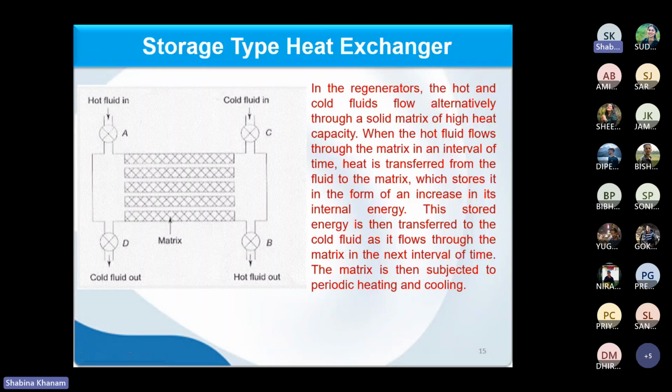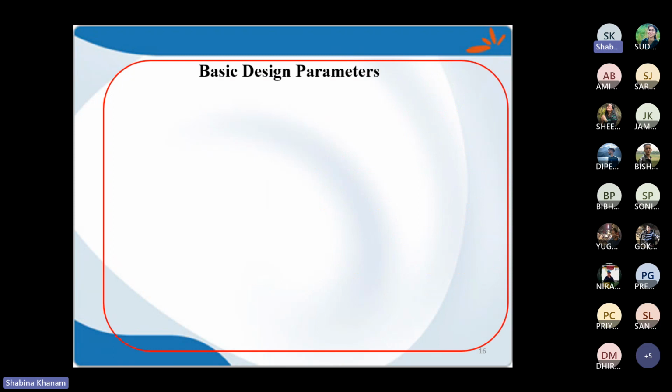So in that way it is called regenerative type. Regeneration in the sense that every time the matrix can be heated up or cooled down, so that would be regenerative type, or we can say the storage type as well. So in that way we can have this storage type heat exchanger.